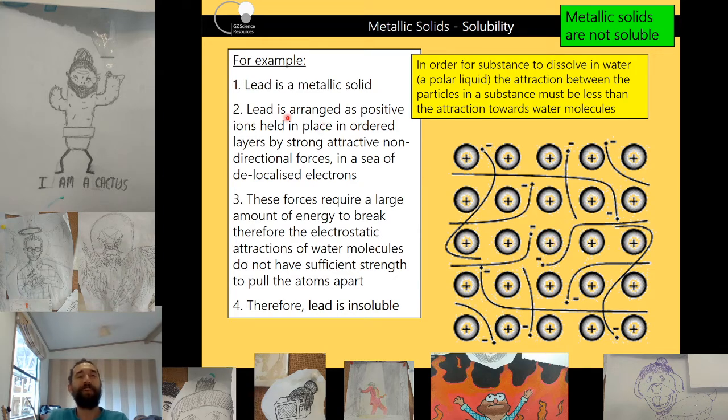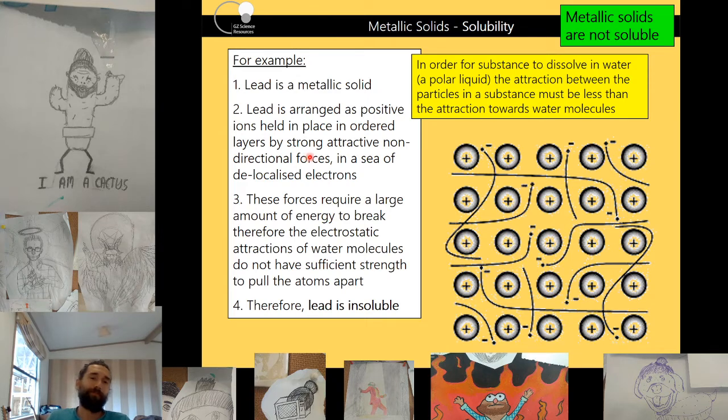But as you can see in the first part, the student has said what sort of substance it is. The second part, they're talking about the bonding. They're talking about the structure. So the structure is positive ions held in place with a sea of electrons, and it talks about the type of bonding, strong, attractive, non-directional forces.